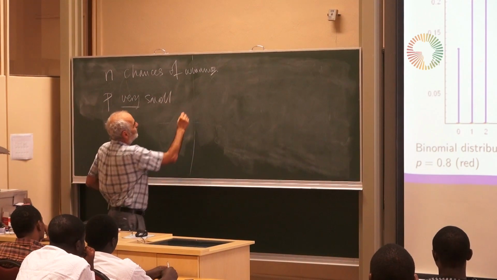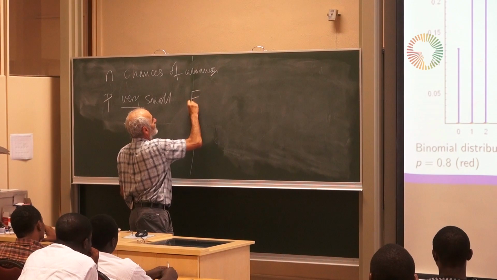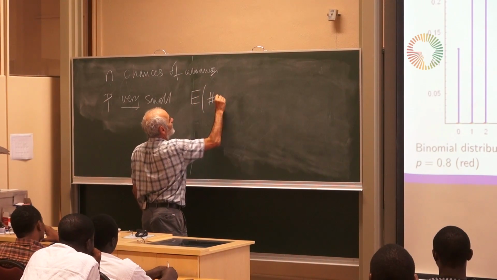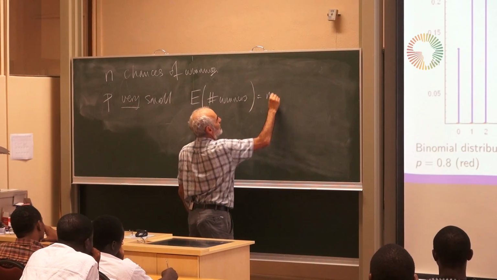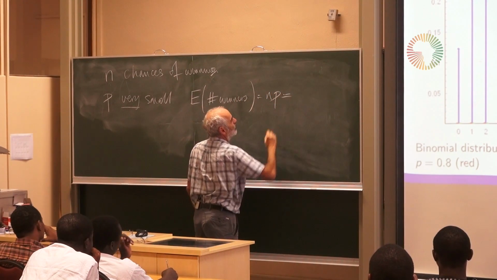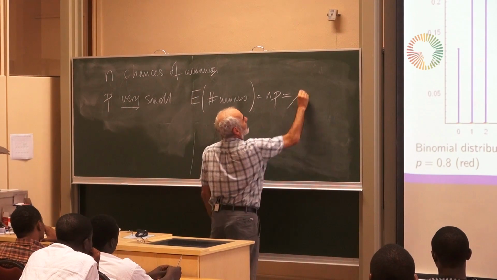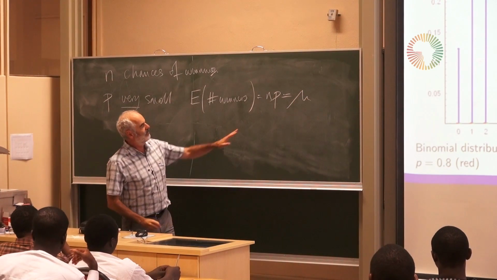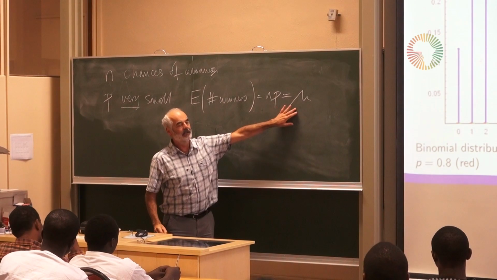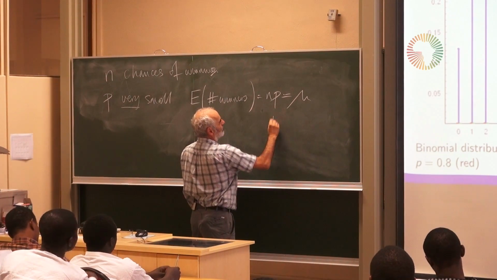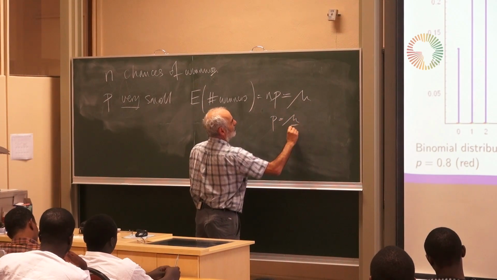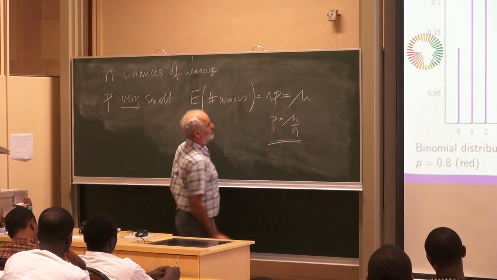So the expected number of winners is just NP, and we say that's mu. That's the expected number of winners. NP is mu. Now, we can define P as mu over n, if that's fixed.